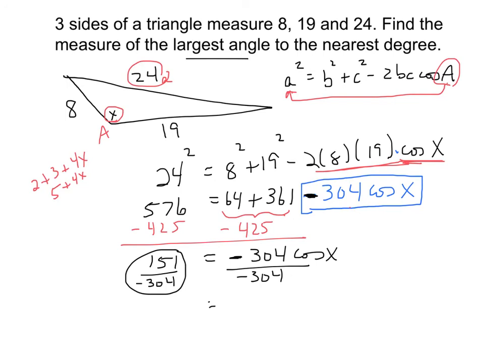Keep in mind, when the cosine ratio is positive, that means I'm in quadrant 1, and my angle will be acute. If the cosine ratio is negative, that means I'm in quadrant 2, and my angle will be obtuse. Okay, so this is an important piece for you to understand. The signs are critical.